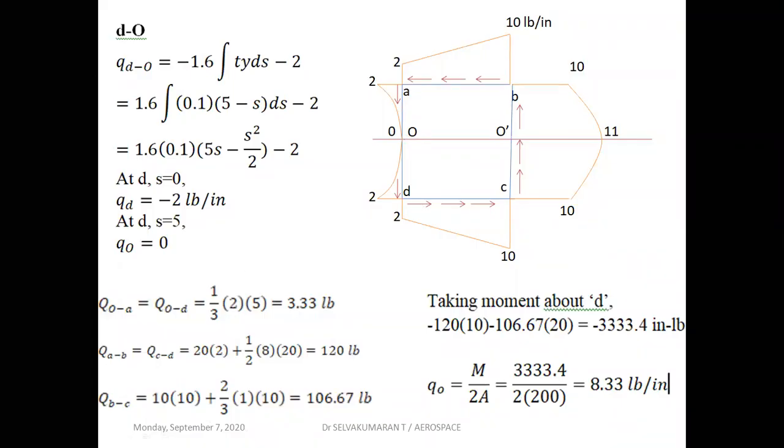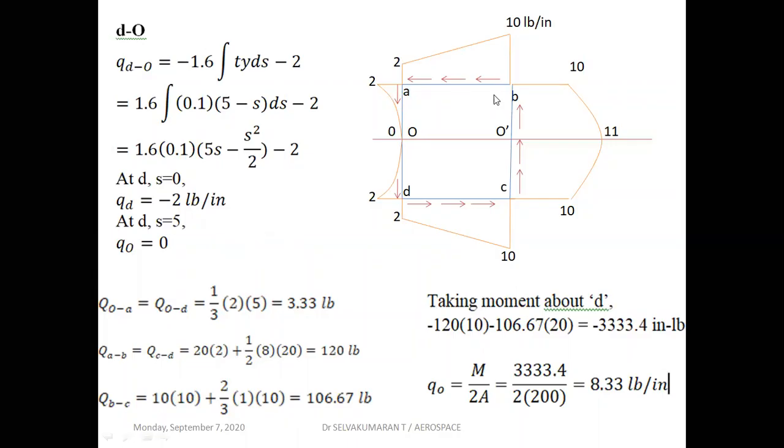Now, how to find the shear force? Q for O to A and O to D, whatever it is. This capital letter Q is nothing but shear force. The area of the shear flow diagram gives you the shear force: 1/3 into 2 into 5. OA and OD both have the same shear flow diagram, with the same shear force acting downward.